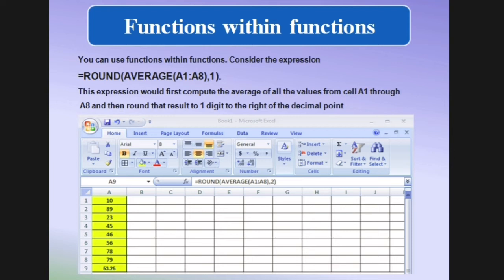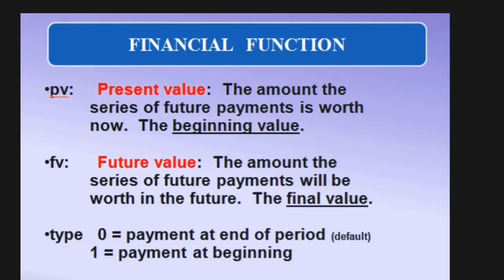Financial function. PV means present value, the amount the series of future payments is worth now. It means the beginning value. FV stands for future value, the amount the series of future payments will be worth in the future. So this is your final payment. Type 0 equals payment at the end of the period, and 1 means payment at the beginning.